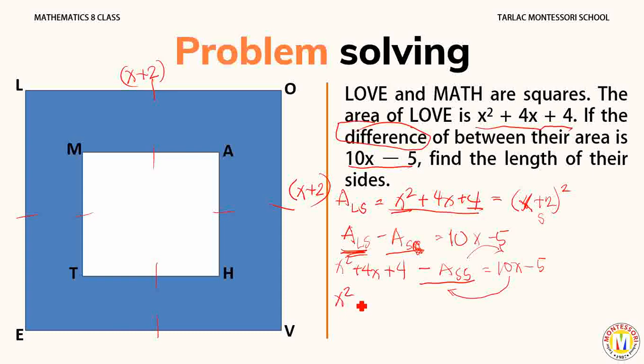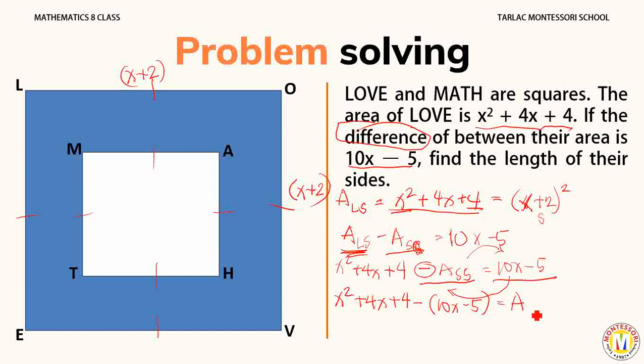So, we'll just copy x squared plus 4x plus 4 here. And then from positive, this will become negative since it crossed the equal sign, so this will become minus 10x minus 5. And on the other side, the area of the smaller square is negative here. It will transfer to the other side, so it will become positive.